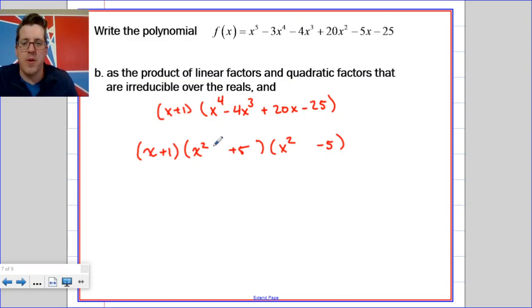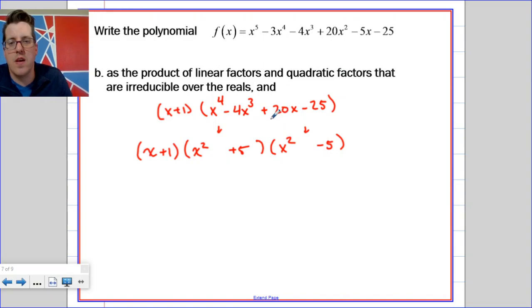Where's the other stuff coming from? Well, I'm going to try and put a middle term in one of these and see if I can figure out a way to get that other term there.